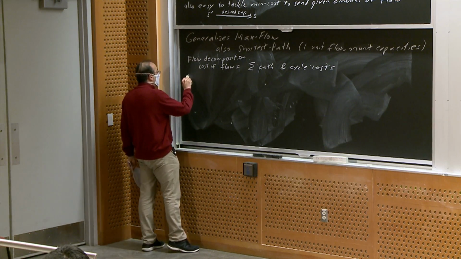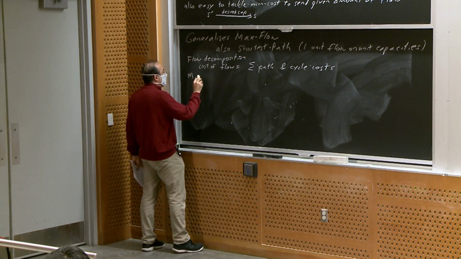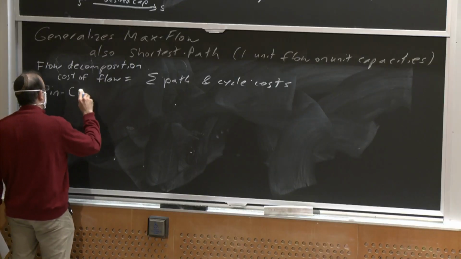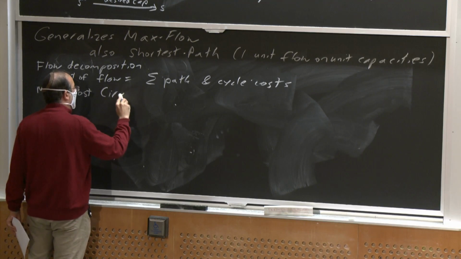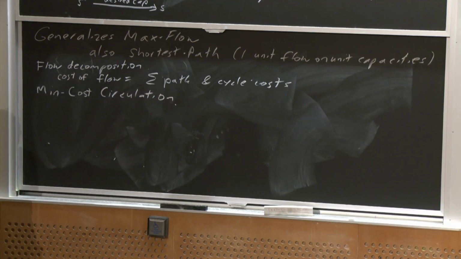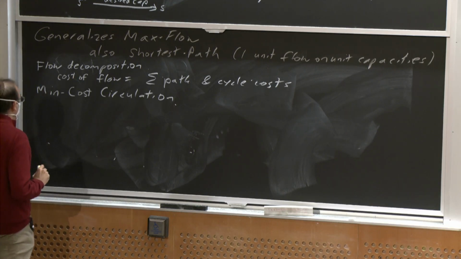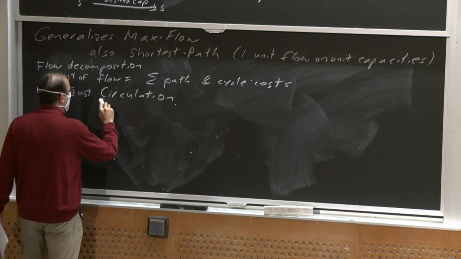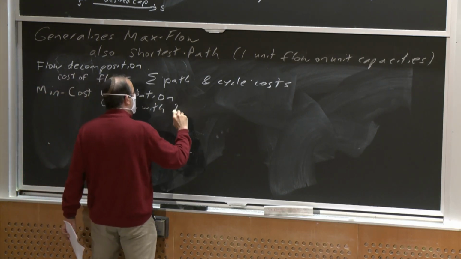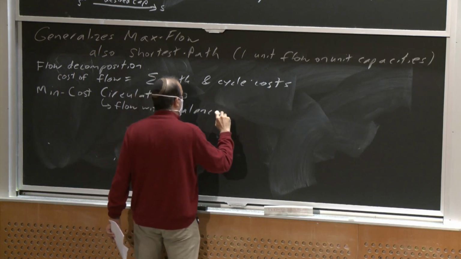There is another way, once we introduced costs, that min-cost flow is actually kind of simpler than max flow. So there is a problem called the min-cost circulation problem. And a circulation is a flow with balance everywhere.